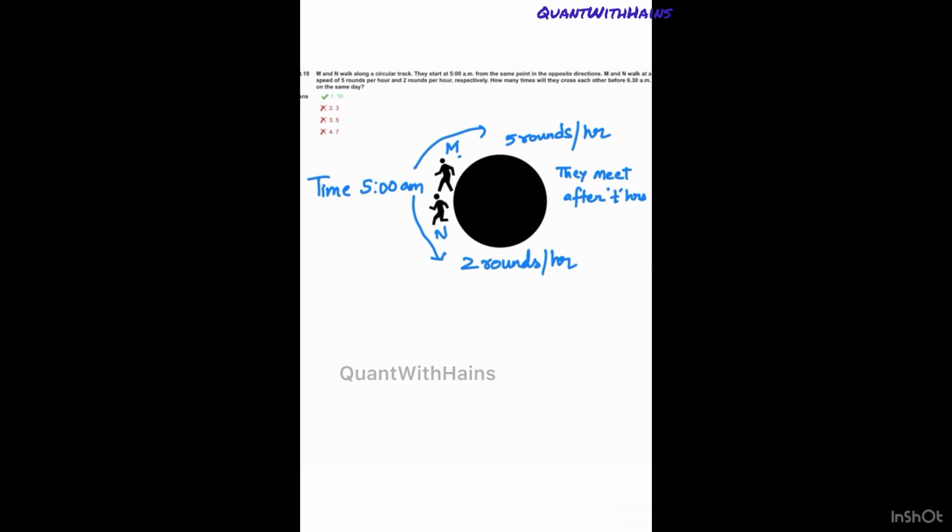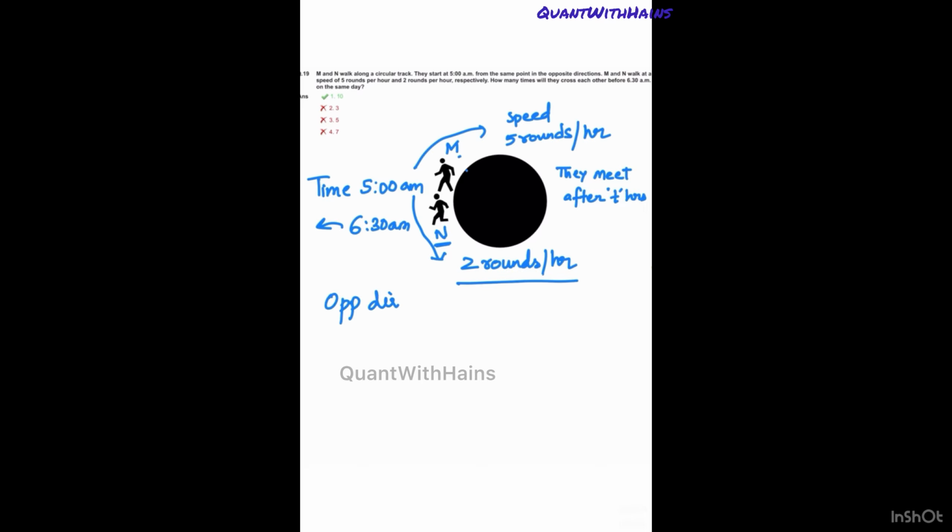M's speed is 5 rounds per hour, whereas N's speed is 2 rounds per hour respectively. How many times will they cross each other before 6:30 am? Now they are traveling in opposite directions.